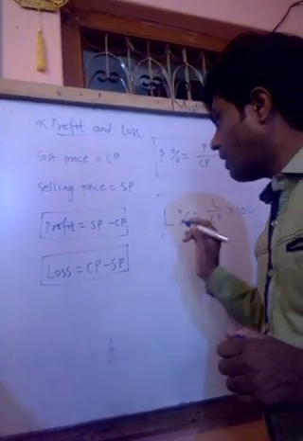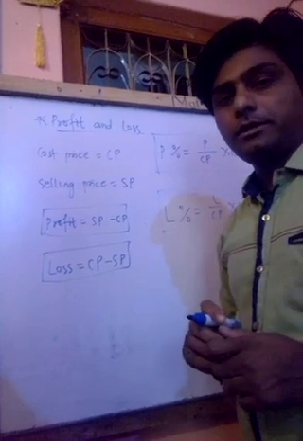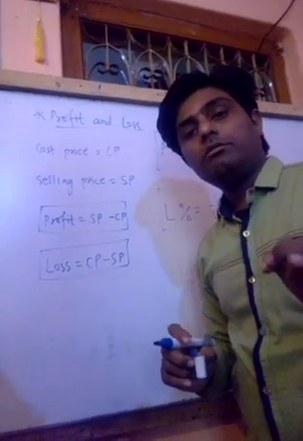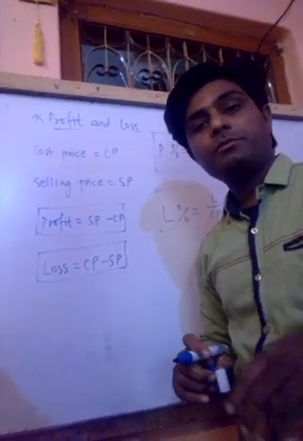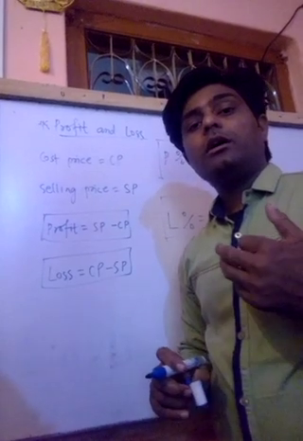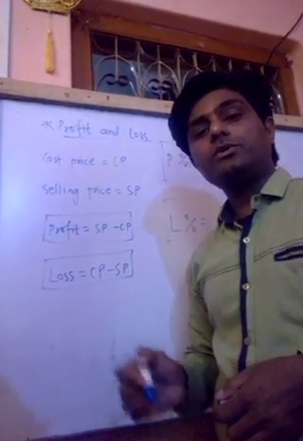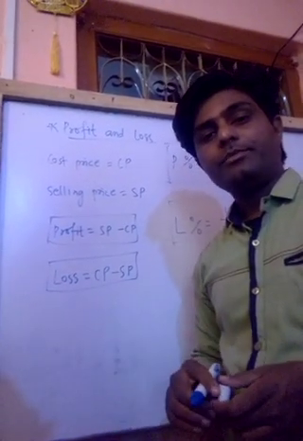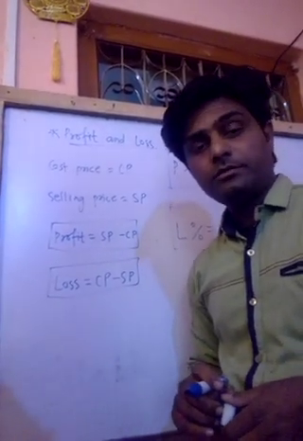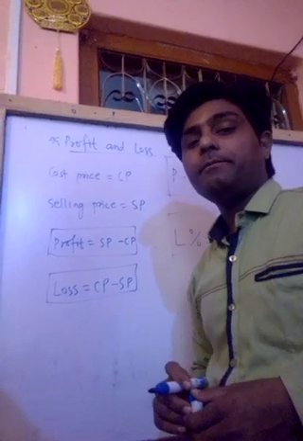Next, let me tell you another thing. If I know SP and the profit percent or loss percent and I want to find CP, or inversely, if I know CP and profit percent or CP and loss percent and I want to find SP, how should I find that?